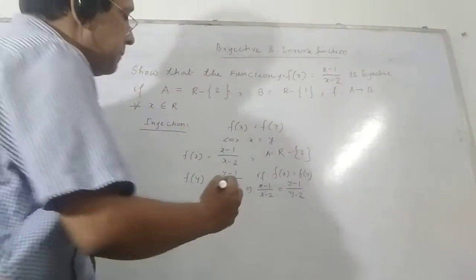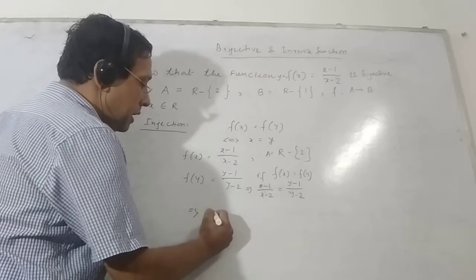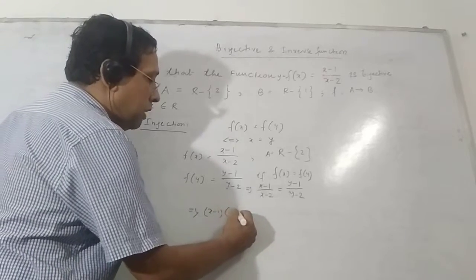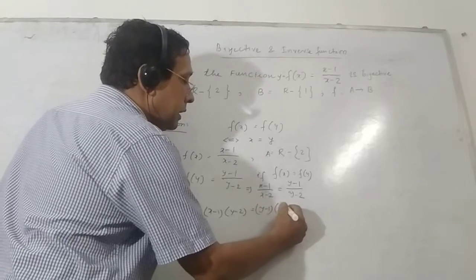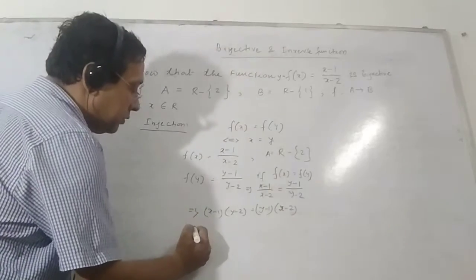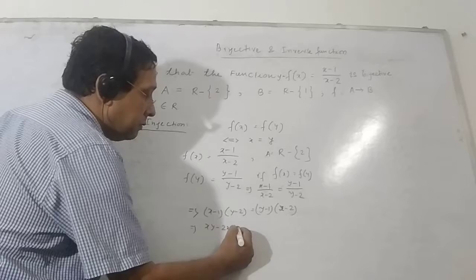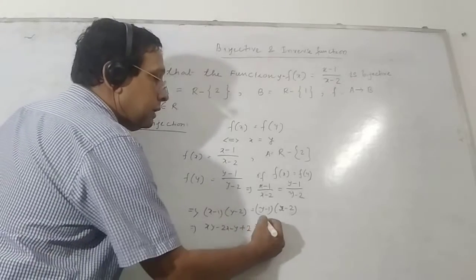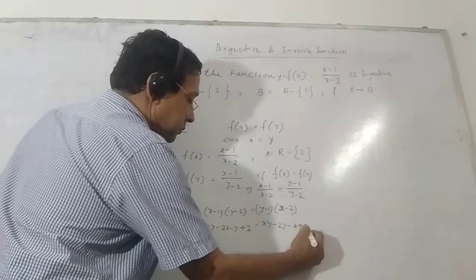Now cross multiply. If you cross multiply, you will get x minus 1 into y minus 2 is equal to y minus 1 into x minus 2. So the result of the product will be xy minus 2x minus y plus 2 is equal to xy minus 2y minus x plus 2.